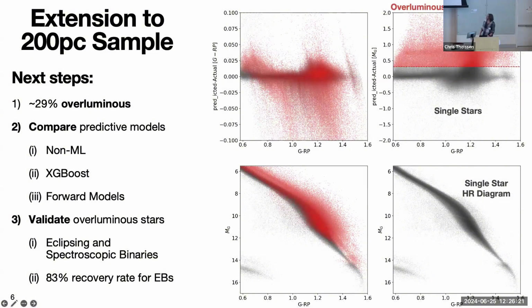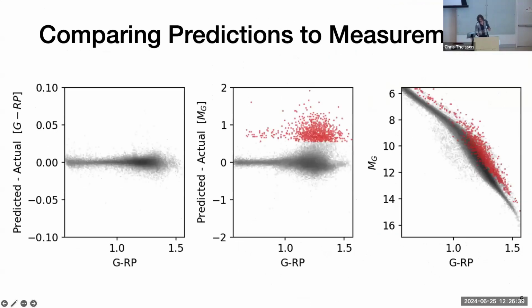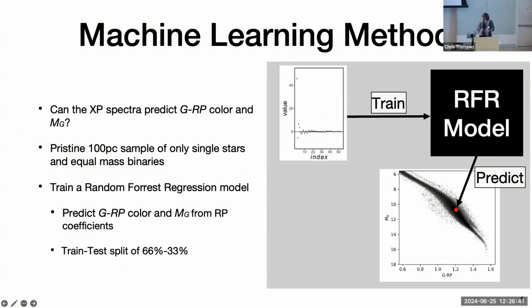So I would love to compare different. So there's kind of two steps. I would love to validate that I'm actually getting binary stars, and that would be through the eclipsing binaries, through the spectroscopic binaries, and such. But there's also the different predictive models. Right now, if we go back to my model, maybe it's too on the nose that it's a big black box. But you can see here we're going from the coefficients to predicting absolute magnitudes.